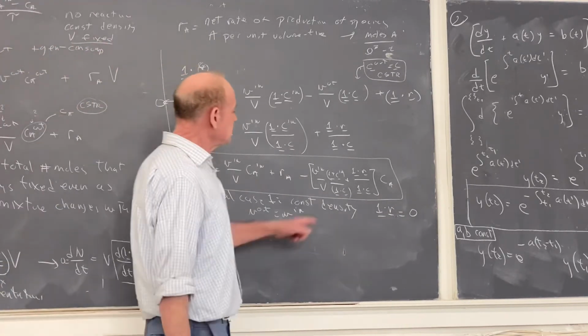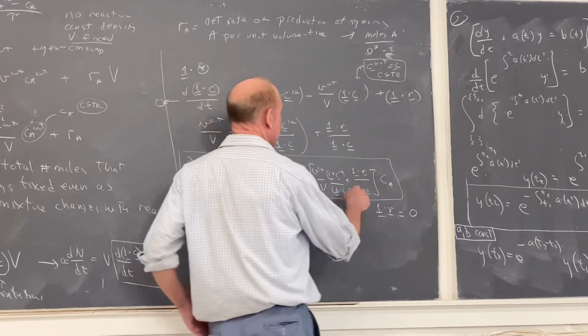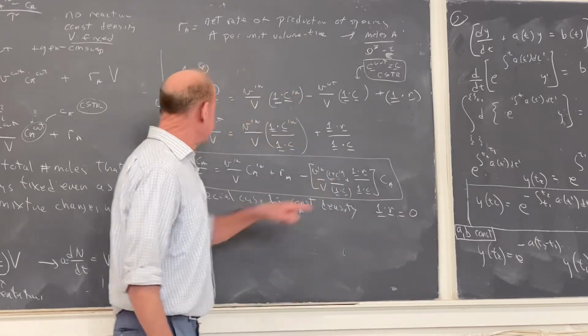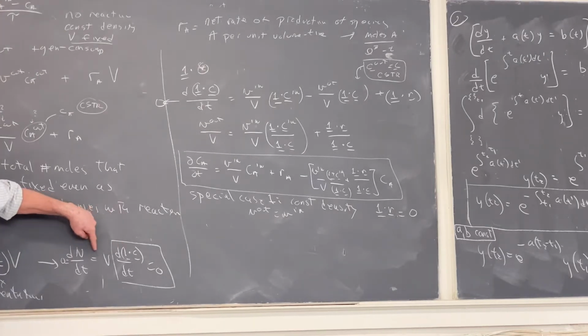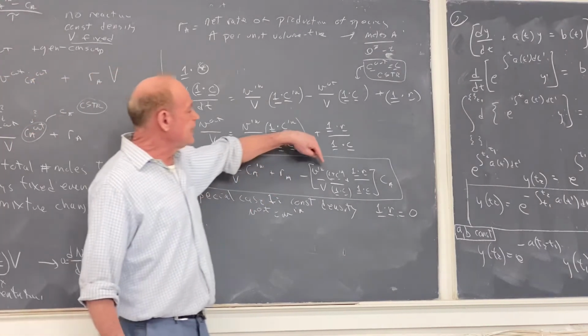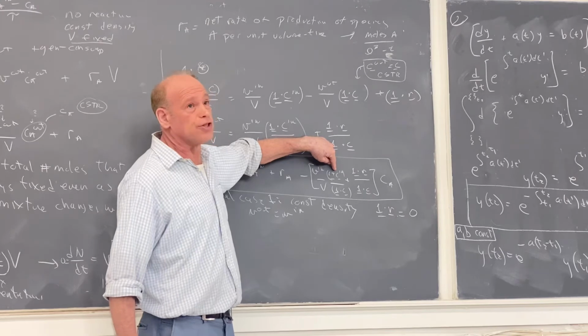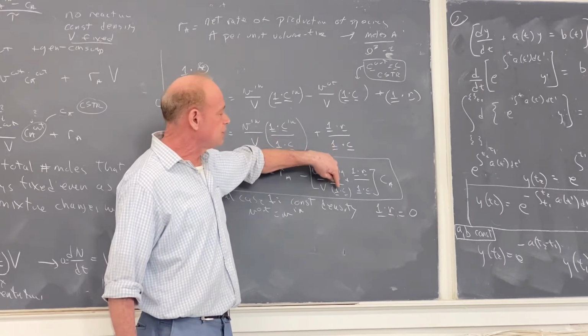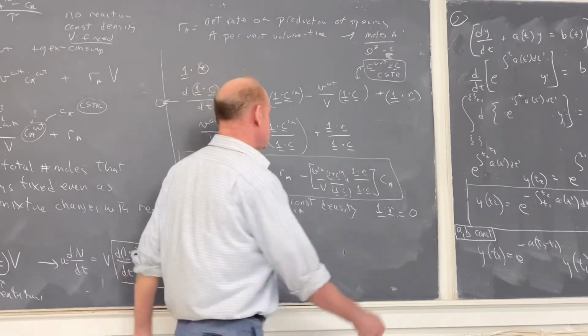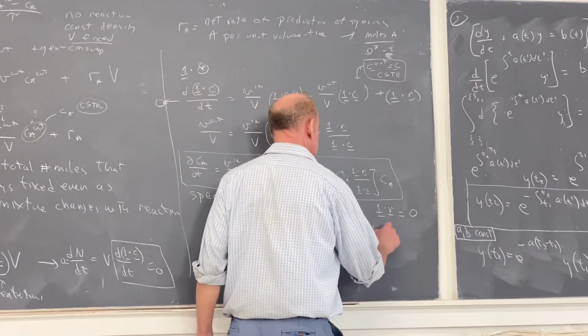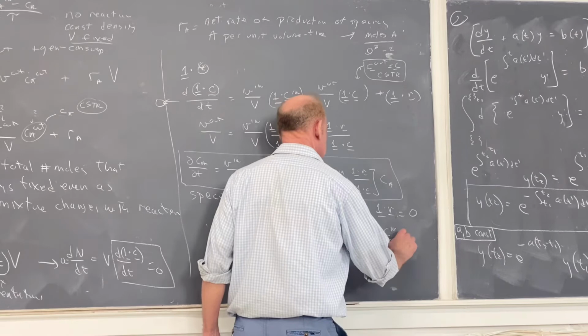And moreover, 1 dot C is the total number of moles in the reactor times V. If the density doesn't change, then the total moles in the inlet concentration is the same as the total moles in the reactor at any time. So I have 1 dot C in is equal to 1 dot C.